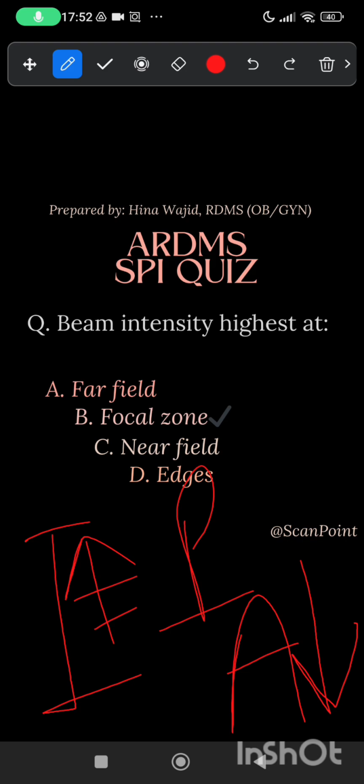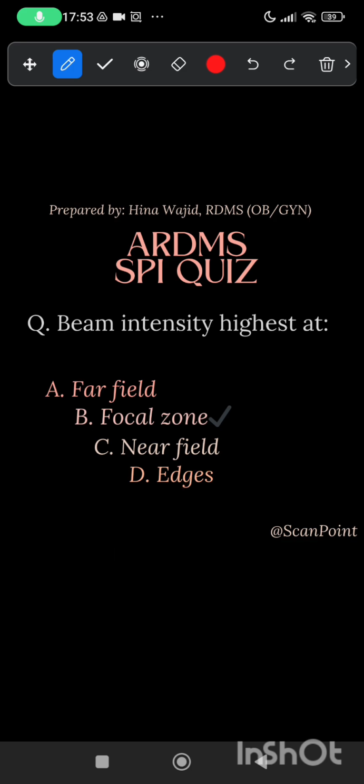Nowadays electronic focusing is used, which has types like transmit focus, dynamic receive focusing, and dynamic aperture focusing. These are the methods to improve the focal zone, because the focal zone is the point where the intensity is highest and the lateral resolution is also highest.